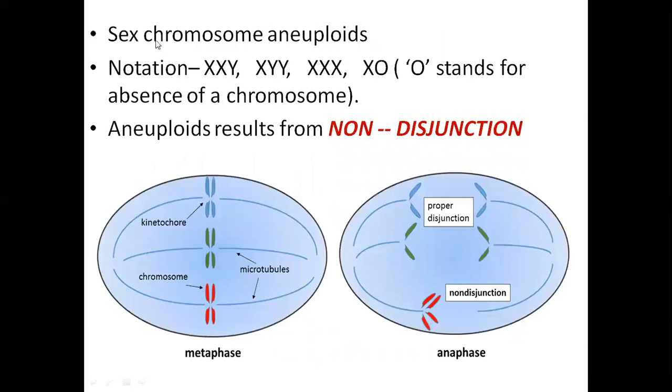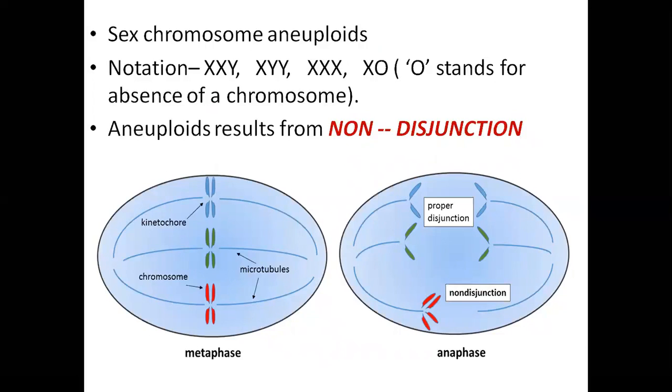Now, all the sex chromosome conditions are aneuploids. A special notation is used to describe sex chromosome aneuploids because it must deal with two different chromosomes.